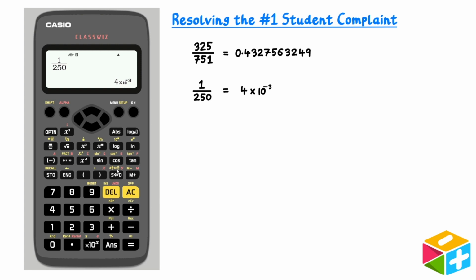This is an expression that would cause a lot of confusion for many students. The issue here is that the calculator has decided to give the answer in scientific notation instead of decimal form. This is quite frustrating.